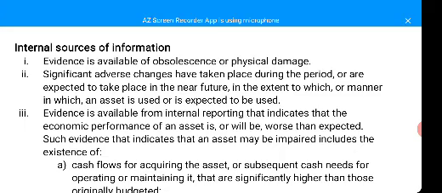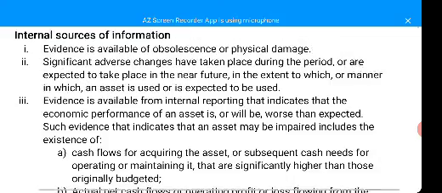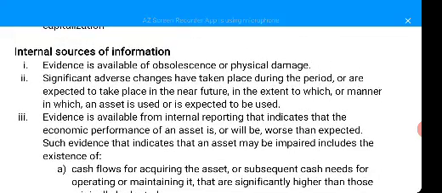In our note, what are the internal sources of information? One, evidence is available of obsolescence or physical damage. When you have an asset, a building for example, and there is evidence that the building has been cracked or damaged, that means the building is impaired. Two, a significant adverse change has taken place during the period or is expected to take place in the near future in the extent to which or manner in which an asset is being used or expected to be used.